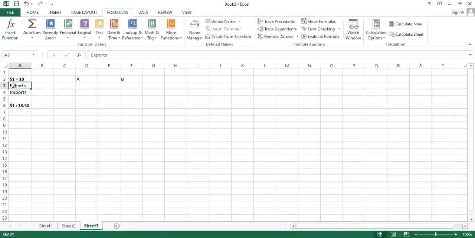Right, so we are still going to be analyzing exports and imports. So when we talk of a deficit here, we're basically talking about a situation where your imports exceed your exports. So when as a country you're importing a lot more than you're exporting, then you face a deficit.